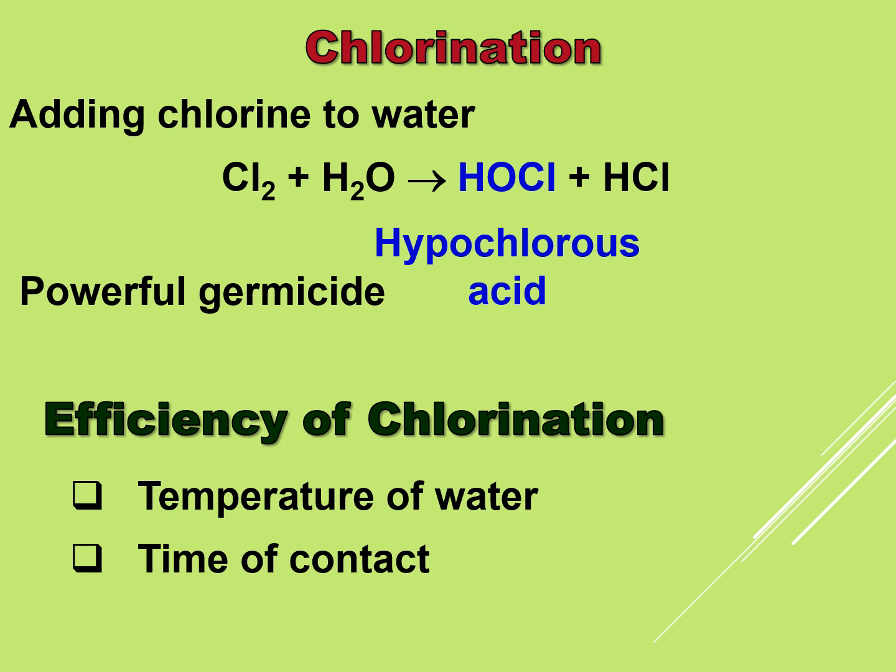You have to provide enough time of contact. And finally, the pH of water. Ideal pH for chlorination is 5 to 7, which means weakly acidic pH. Normal waters will have weakly acidic pH. So chlorination is the most ideal method for disinfection.